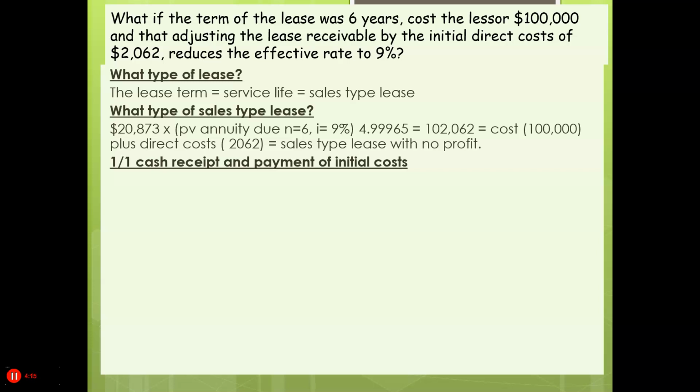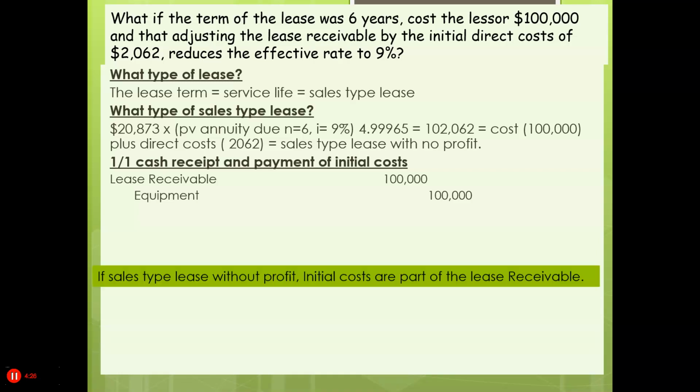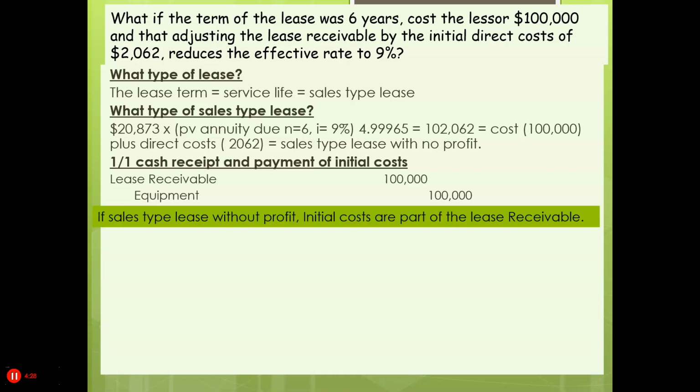When the cash is received, you would have lease equipment. So we have to take the equipment off the books and set it up as a lease receivable. So for a sales type lease without profit, initial costs are part of the lease receivable. So there we booked it to our lease receivable.